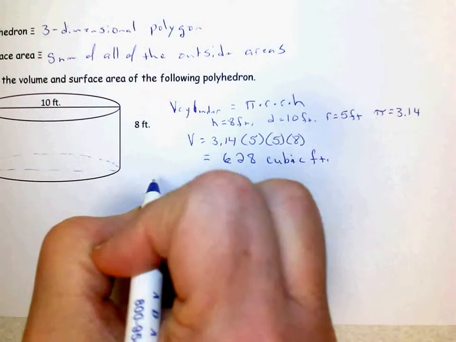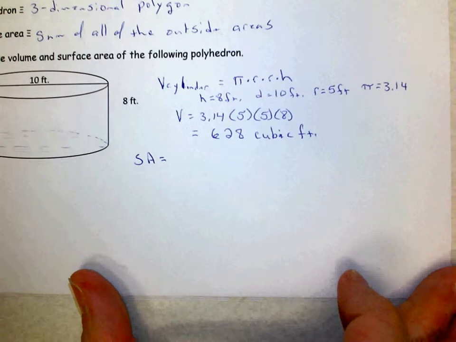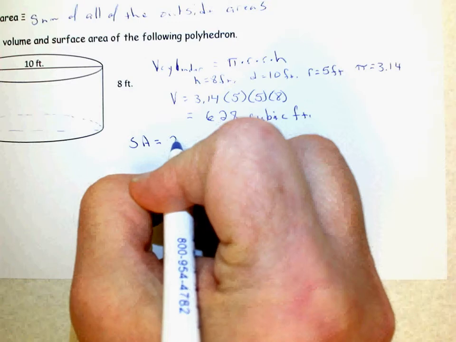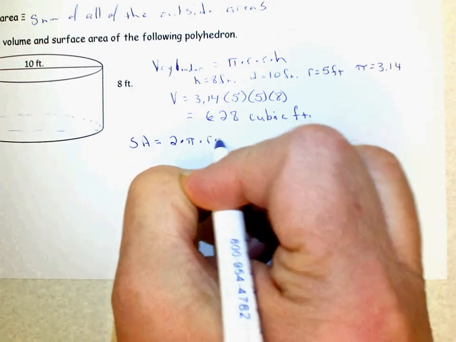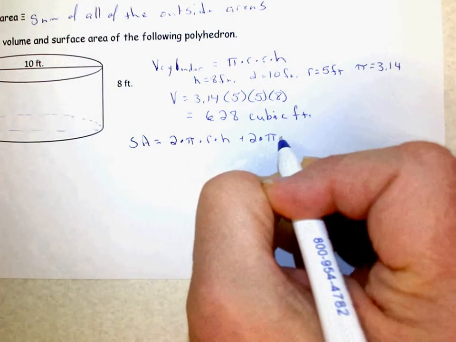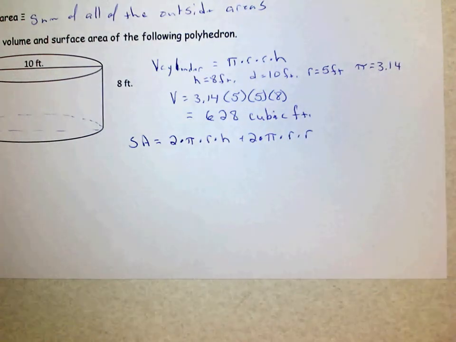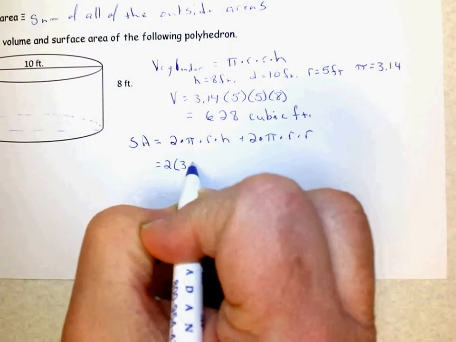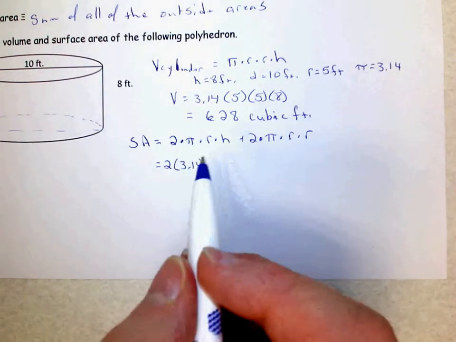Then surface area, that is absolutely ugly, and I'm sorry, but we just have to use it. So 2 times pi times radius times height plus 2 times pi times radius times radius. Even though it's an ugly formula, all I do is I use it, just like I said in the last video.